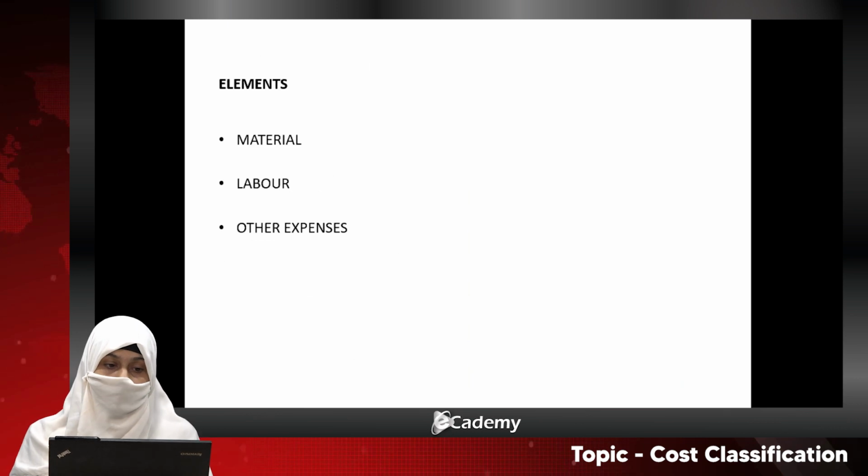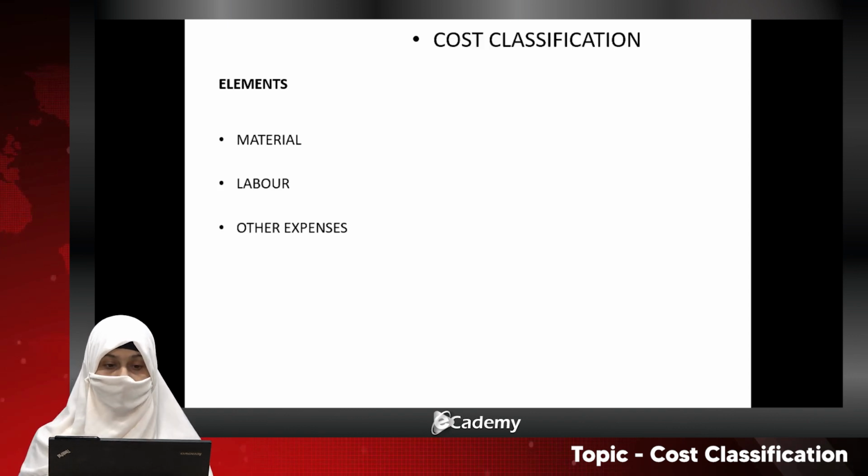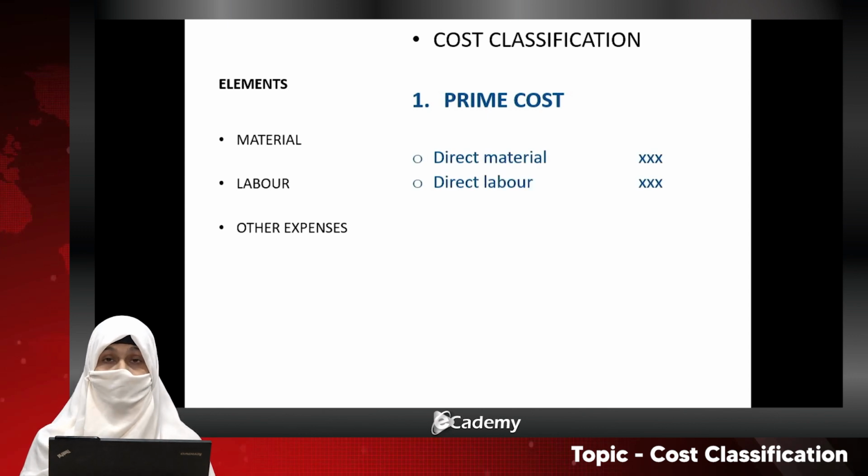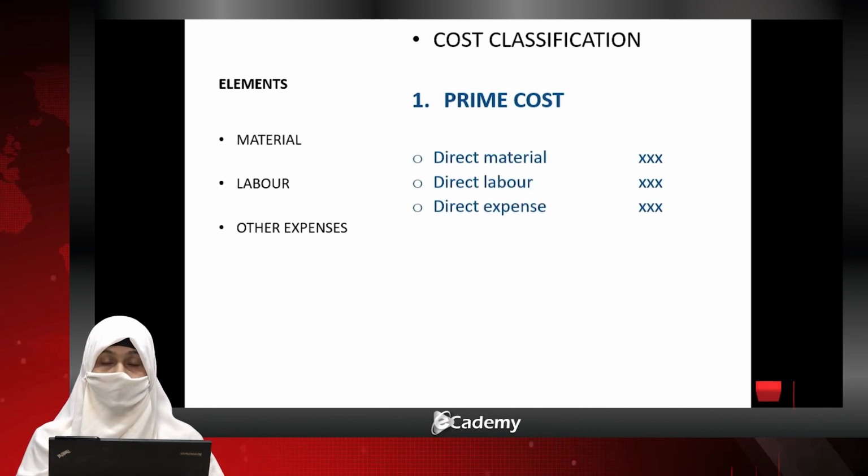Now, when we are talking about cost classification, we know that we have three elements of cost: material, labor, and other expense. When we classify our cost, we do so into two broader categories. One is prime cost. Prime cost includes direct material, direct labor, and direct expense as well.